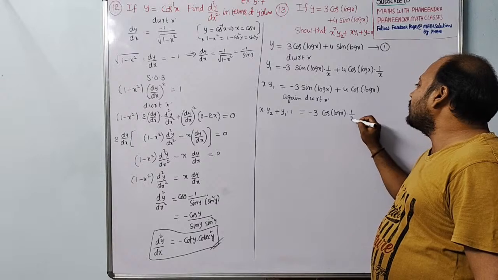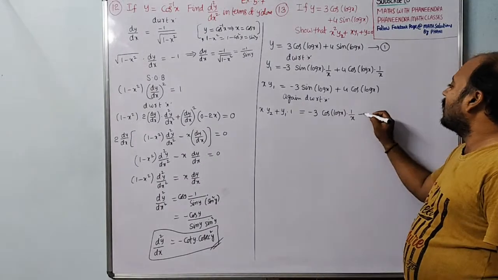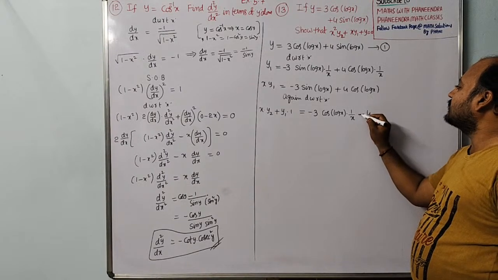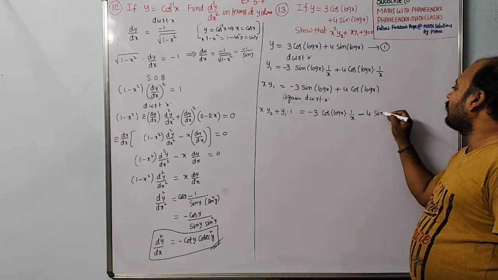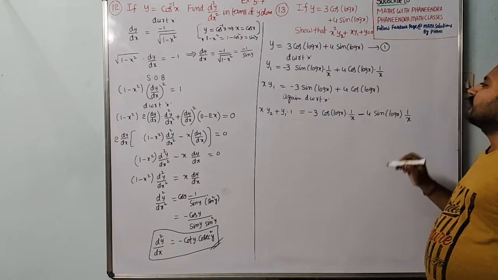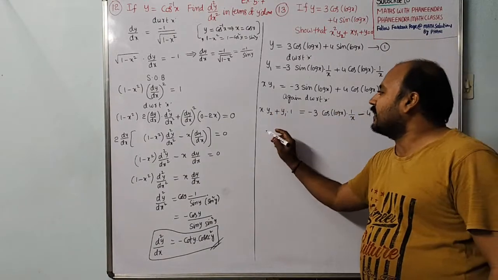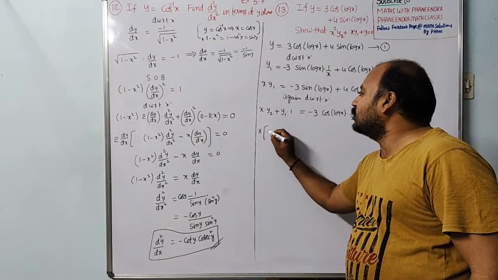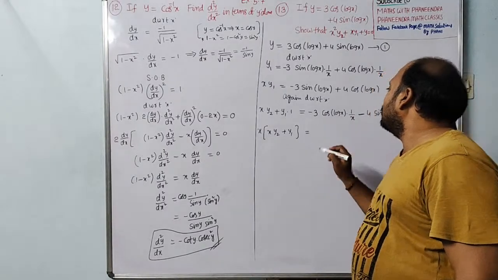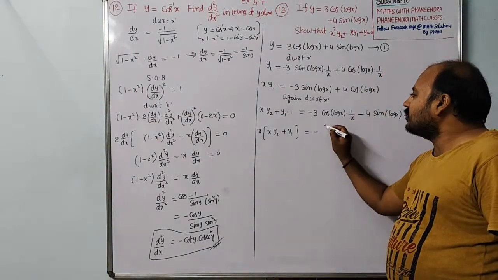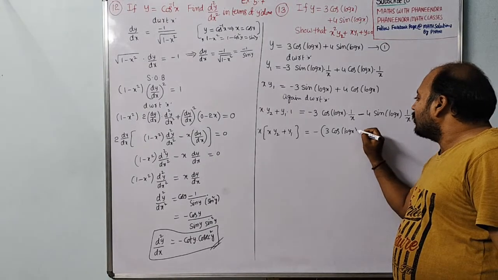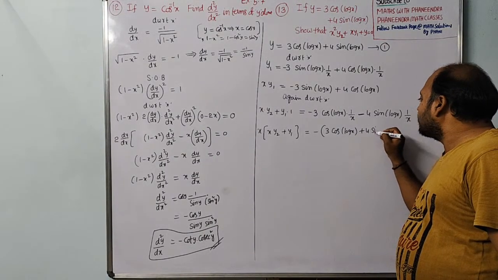Again log x derivative is 1 by x, plus 4 into cos of log x derivative is minus sin of log x. Again log x derivative is 1 by x. So 1 by x bring that side. That means x into xy2 plus y1 is equal to minus, I am taking common, 3 cos of log x plus 4 sin of log x.